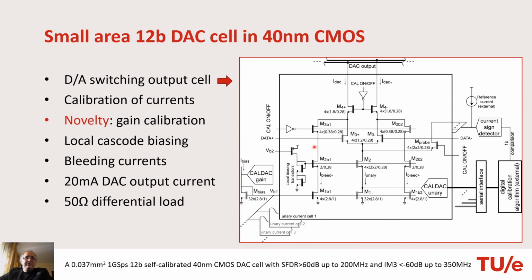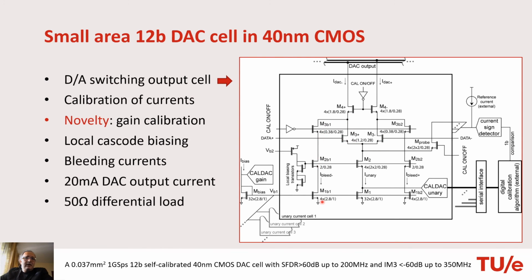Then we have these bleeding currents. The main purpose of the bleeding currents is to linearize the output cascades, so that these output cascades remain in saturation for different values of digital information switching M3 and M3 plus and M3 minus.